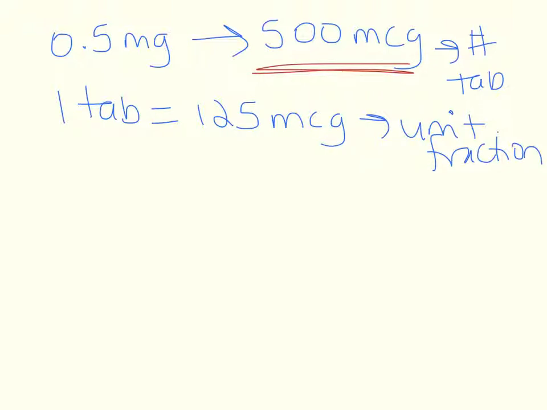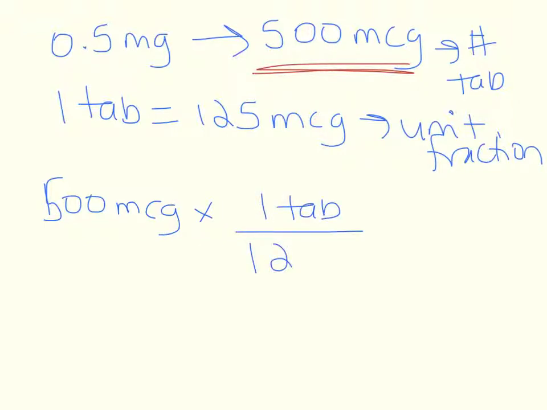To set up our unit fraction, again, remember, before you even do the calculation, ask yourself, are the units canceling out that you need to cancel out with? Okay, so we have 500 micrograms, and we're going to multiply that by one tablet over 125 micrograms. That is that unit fraction I was just talking to you about.